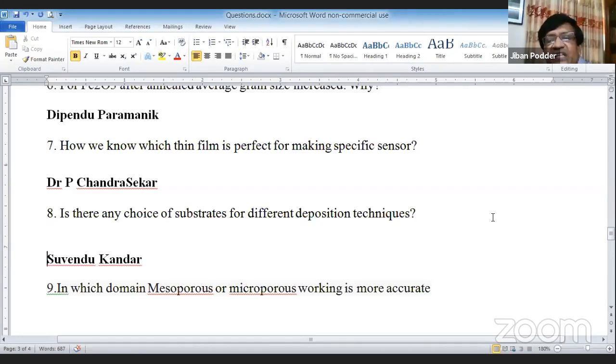We could use 600 or 700, but this is an open system, so there is a temperature limit, and that's why we prefer spray pyrolysis at low temperature. Low temperature means from 200 to 400 or 500 degrees Celsius, and that is sufficient for making a good film and substrate.